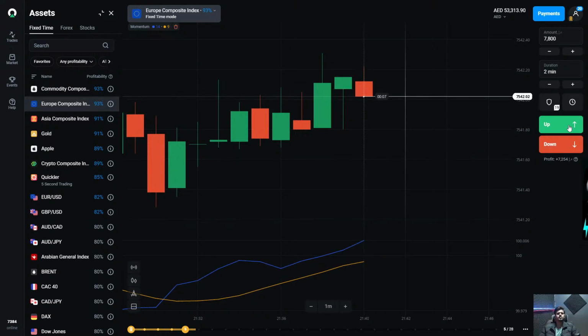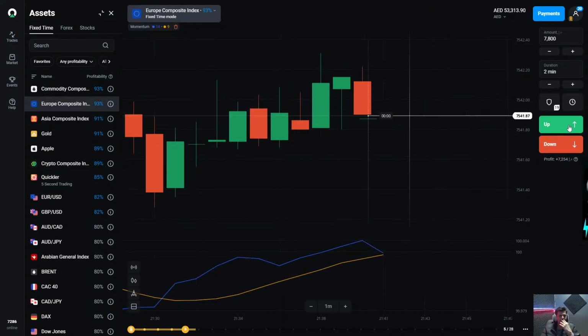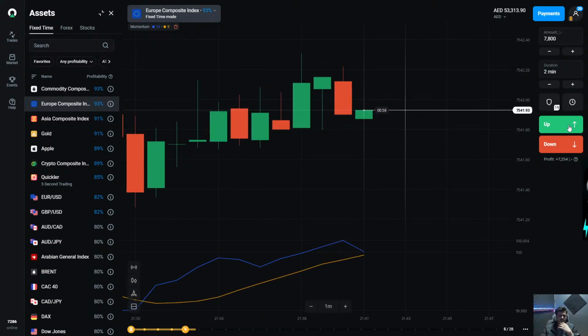Nine, 8, 7, 6, 5. It's trying to move downward, but it will go back again upward. It can come back again to the downward because the sign is completely movable to the downward. See, here it's trying to move downward, but forcefully it is also trying to come back upward.